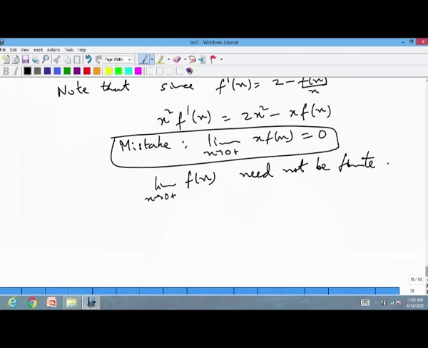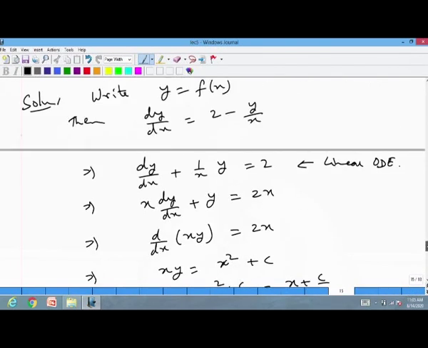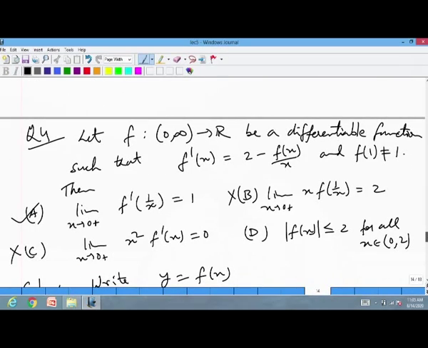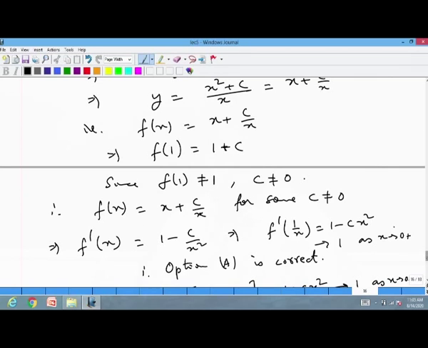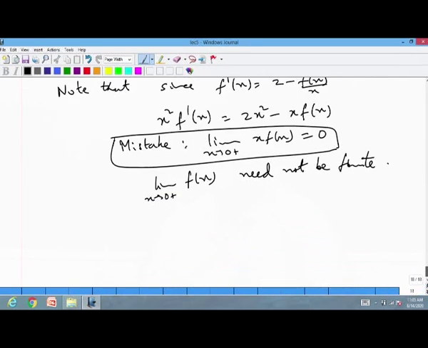Now let us look at option D. So, option D is saying that mod f x is less than or equal to 2 for x between 0 and 2. What is f x? f x is x plus c by x, and c is given to be non-zero.